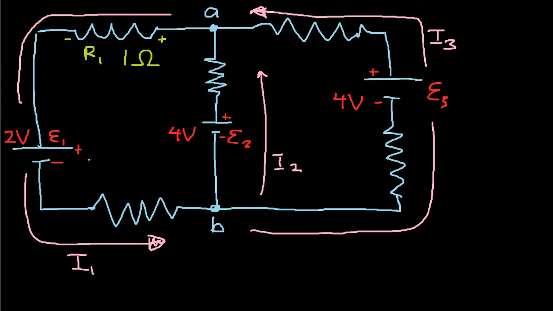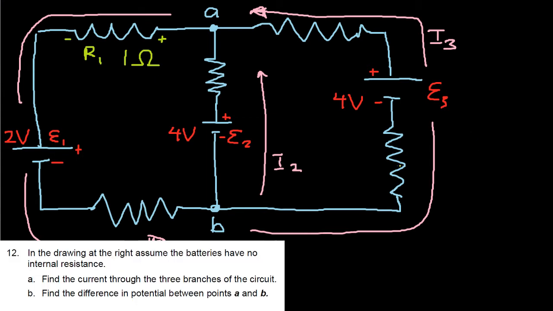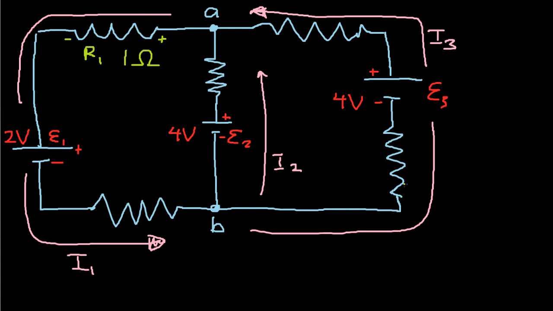This one over here is a battery, and a battery might have internal resistance, but our question stated there is no internal resistance, so that's good for us. We don't have to label any positives and negatives, and we don't have to take care of any little r's. How convenient.